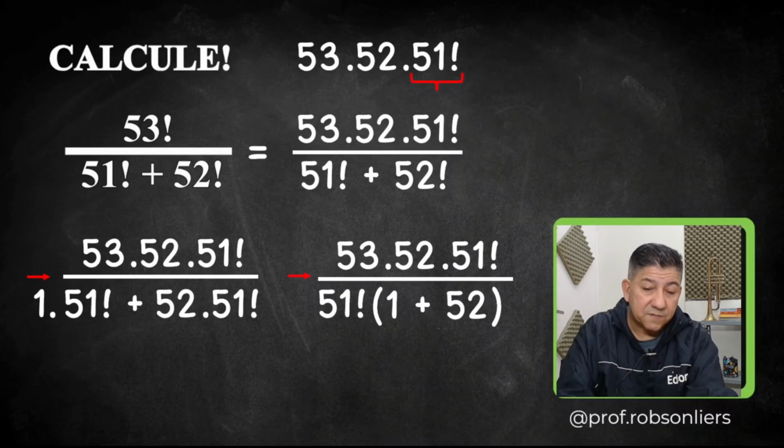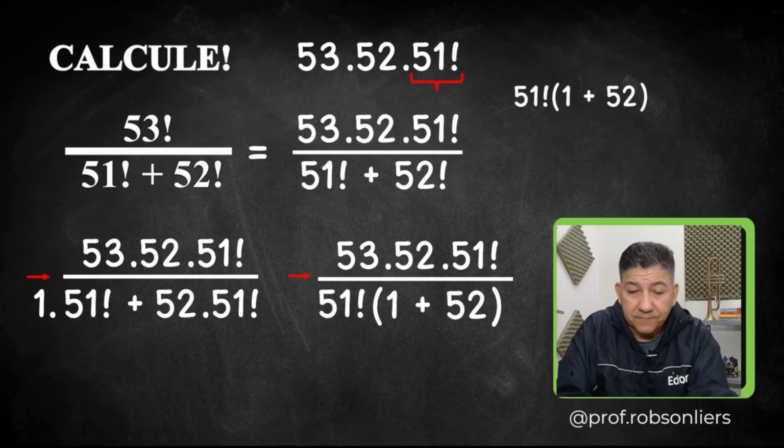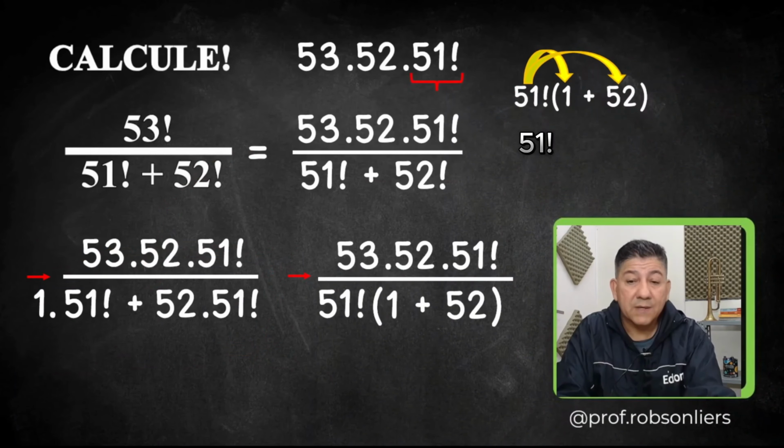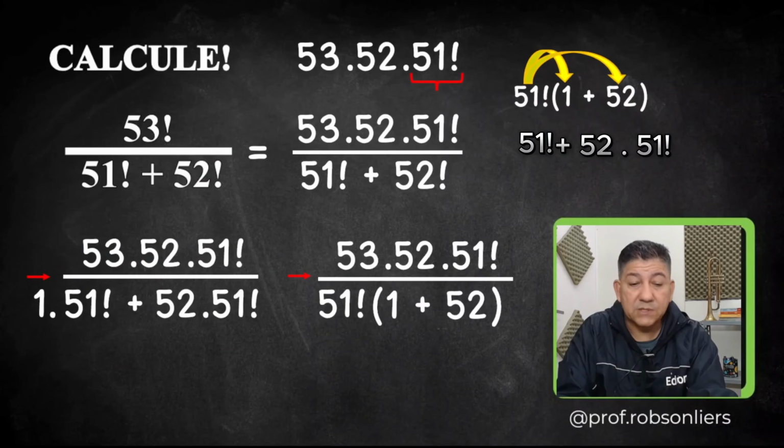See, if we apply the distributive property here, look, I rewrote it up there, 51 factorial times 1 plus 52. If we distribute, we'll get this here. Look, 51 factorial times 1, 51 factorial times 52, look there, 52 times 51 factorial. What did we do? We factored out the common factor.